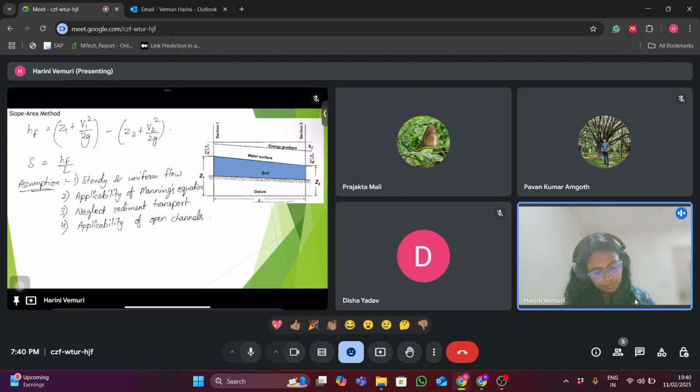So in this, flow is measured using the formula Q equals 1 by n into A bar R power 2 by 3 and S power 1 by 2.